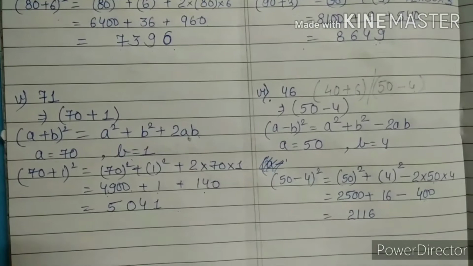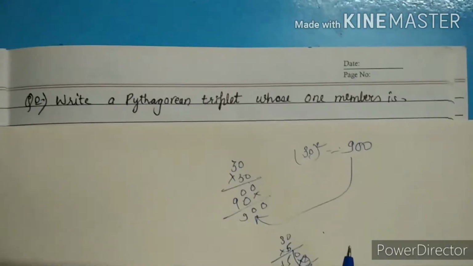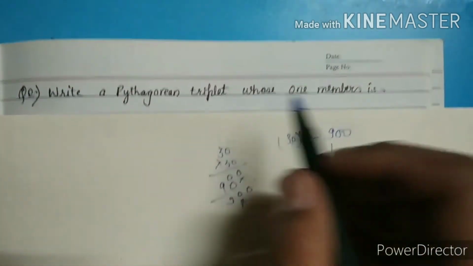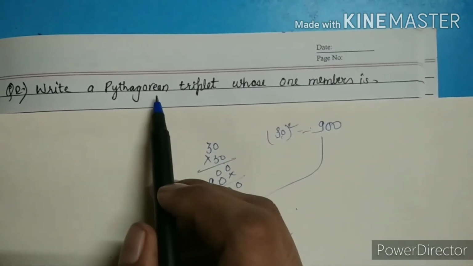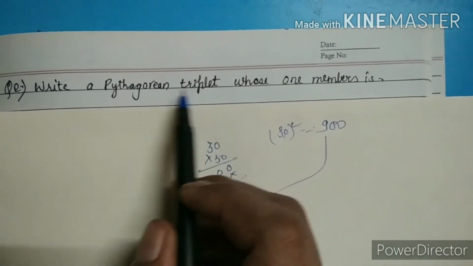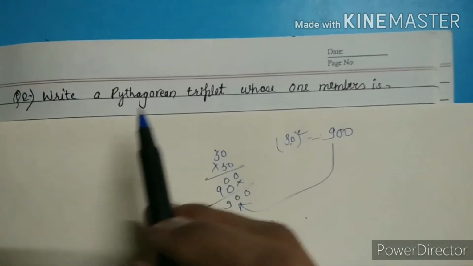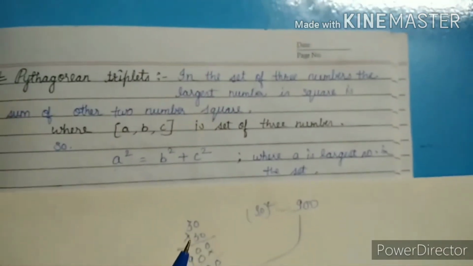So here we completed question number first of the exercise. Question number 2 is: write a Pythagorean triplet whose one member is given. Here we get one different thing, Pythagorean triplet. In class 7th we saw the Pythagoras theorem. So firstly we will see what the meaning of Pythagorean triplet is.